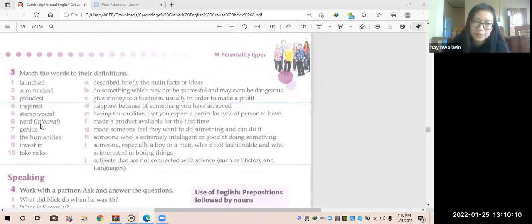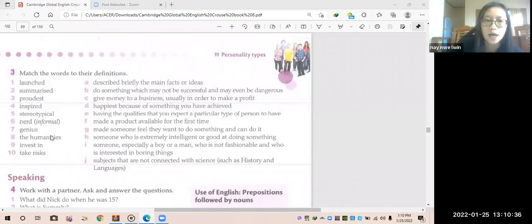How about nerd? I. Someone, especially a boy or a man, who is not fashionable and who is interested in boring things. That is nerd. And you will notice that it is informal use only, not formal usage. Okay. And how about genius? H. Correct. Someone who is extremely intelligent or good at doing something.